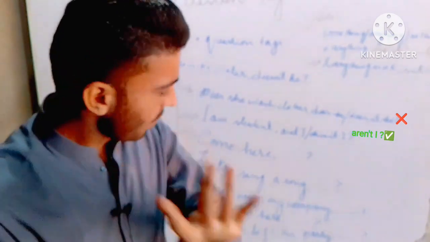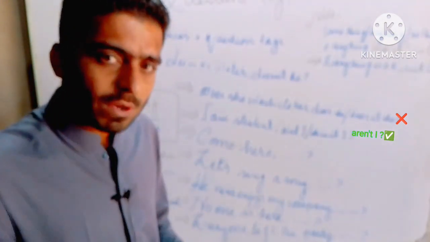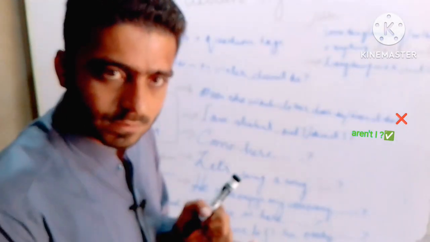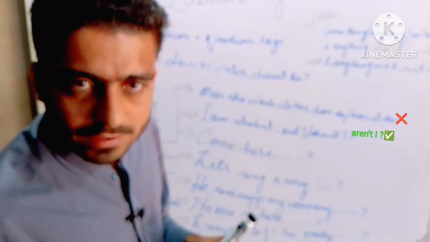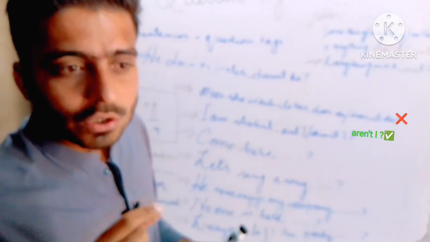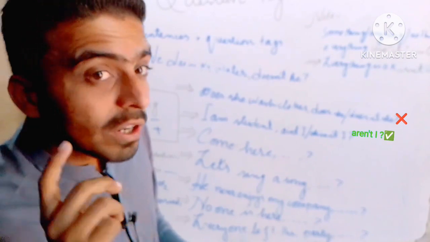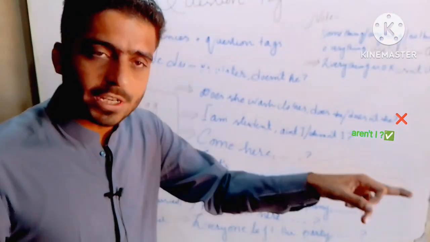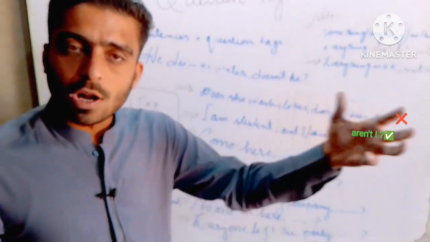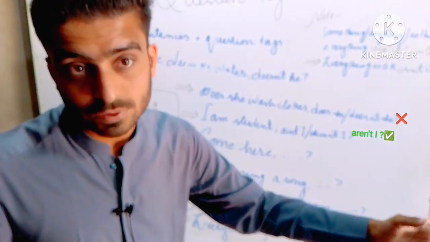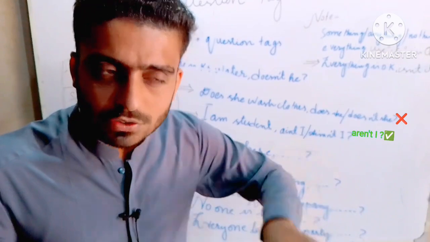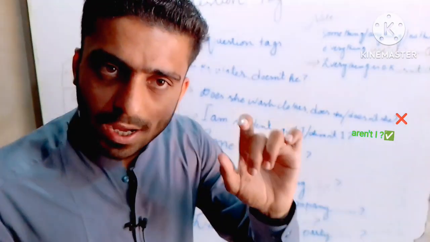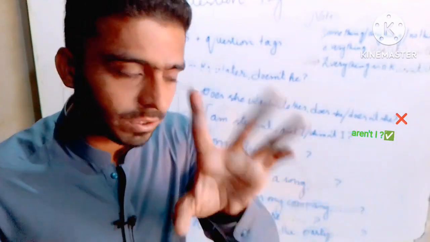That one is confusing. Whenever you are given an imperative sentence, you have to use the future tag. Will you? Come here, will you? Stand up, will you? Go outside, will you? So we have to use the will you tag in imperative sentences. Did you get that?